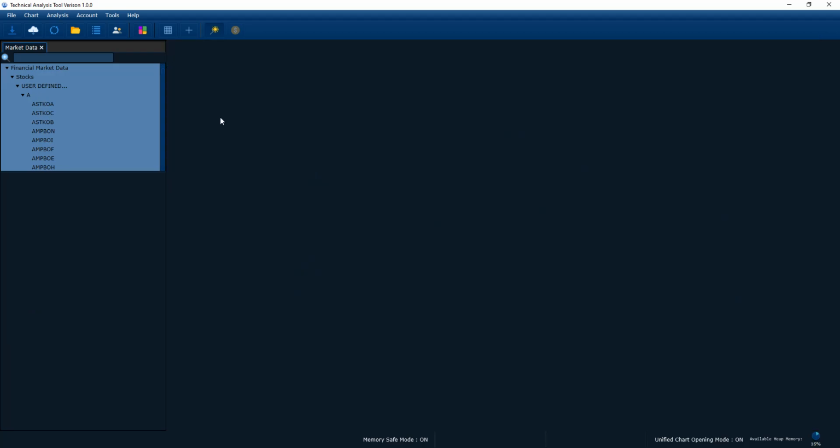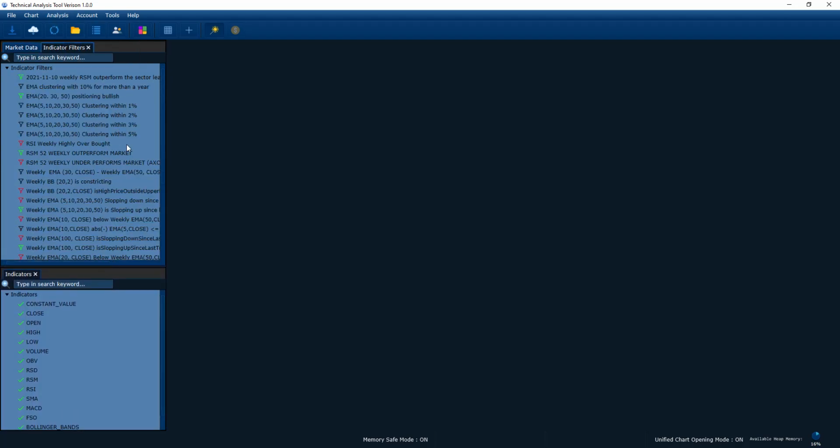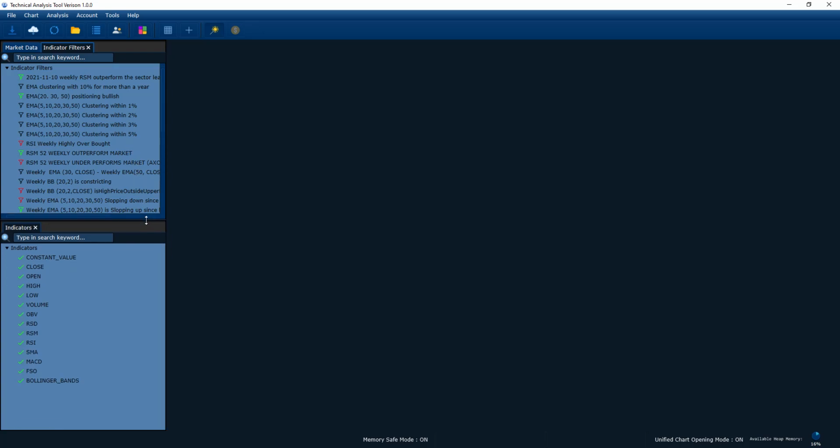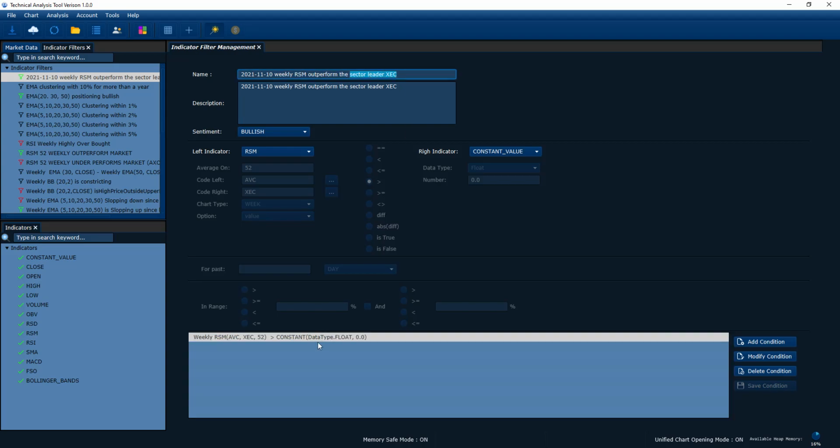The last bit I want to show you is that you can create a filter and ask this application to give you all the shares that outperform the best sector. For example, here I want RSM to outperform the XEC, the sector leader, so you can create a condition like this.